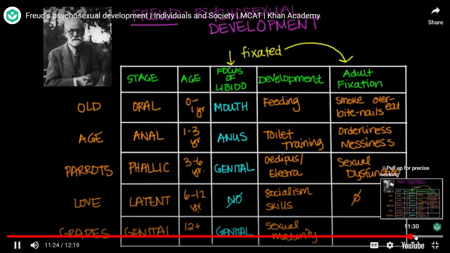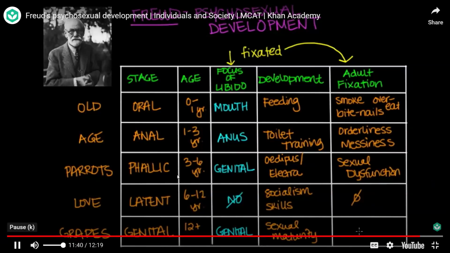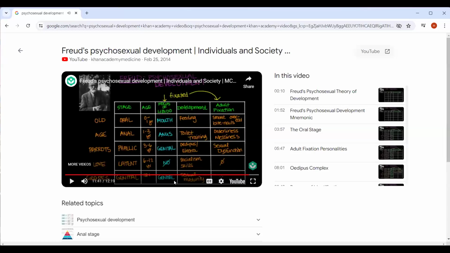In earlier stages, the focus was solely on individual needs, but in this stage, there's interest in the welfare of others. So if all stages were successfully completed, then the person should be sexually matured and mentally healthy. The example of adult fixation, watch it again, because it's an animation, so you can easily remember.